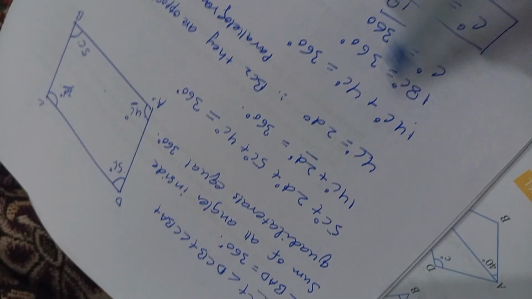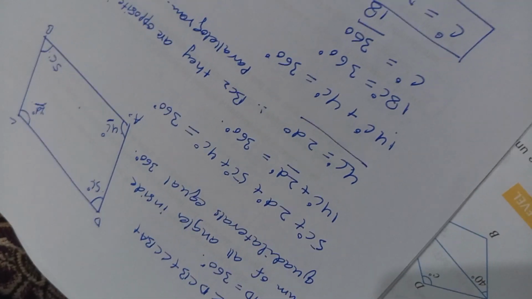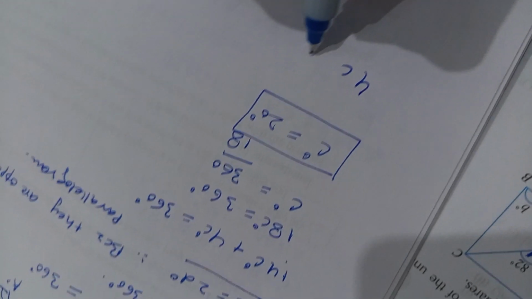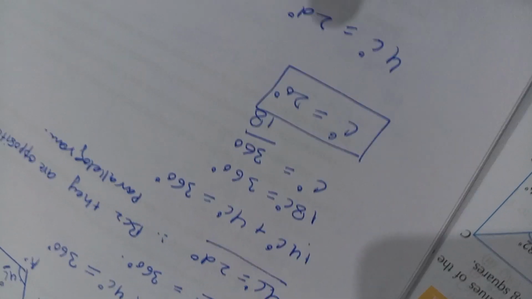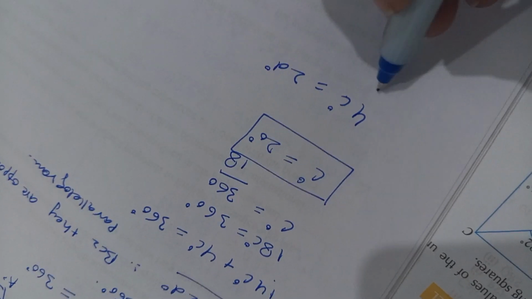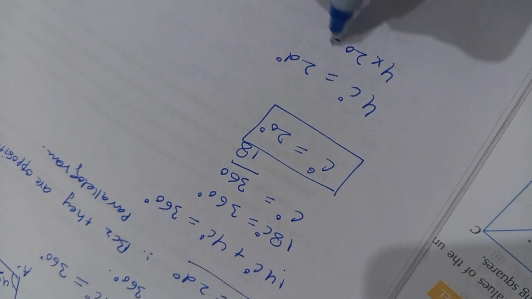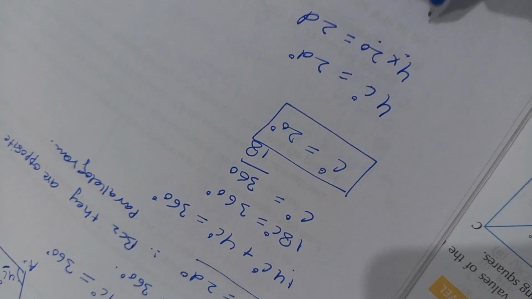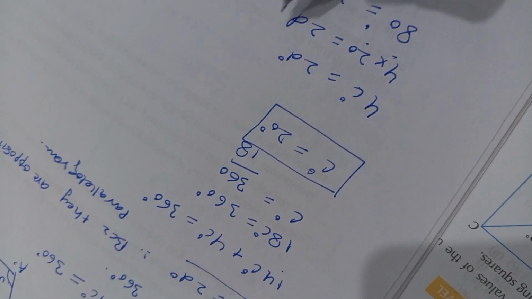Since I wrote here that 4c equals 2d, I'll use this again. Now I know the value of c, so I'll put the value here: 4 into 20 equals 2d. 4 into 20 equals 80 degrees, that equals 2d.